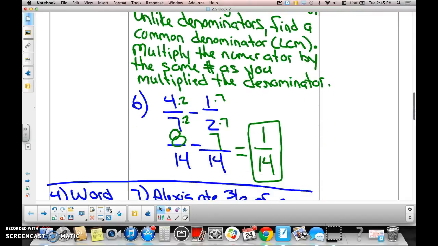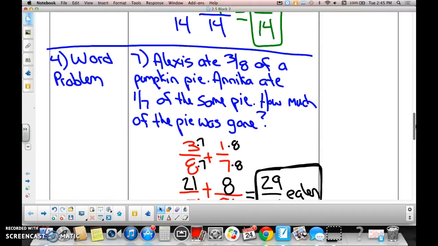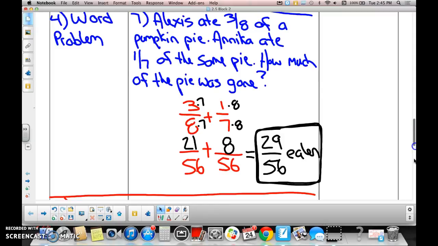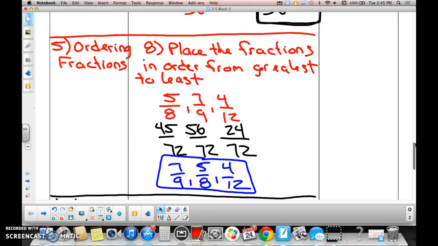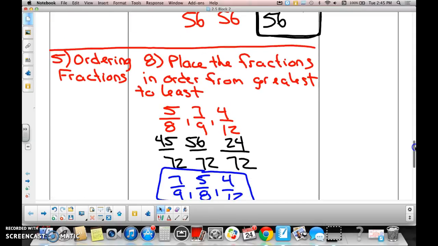Another example, 4/7 minus 1/2. We did a word problem. Alexis and Annika were eating pumpkin pie. Challenge would be to get your equation. In this case, it was 3/8 and 1/7. We got common denominators. We added it all up. Ordering fractions, same deal. We got 5/8, 7/9, and 4/12. We have to get a common what, you guys? Denominator.